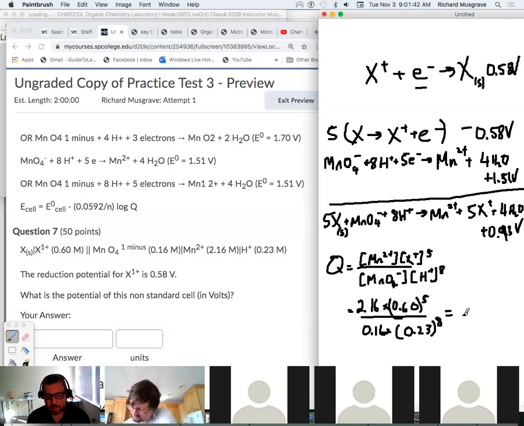All right, that's going to give us a value for Q. And then we apply the Nernst equation. And also the N value here will be the number of electrons transferred in the balanced equation, which happens to be 5. So we know that 5 electrons will be here, 5 electrons are down here. Sometimes you have to multiply both, and that electron number will come out to be different.